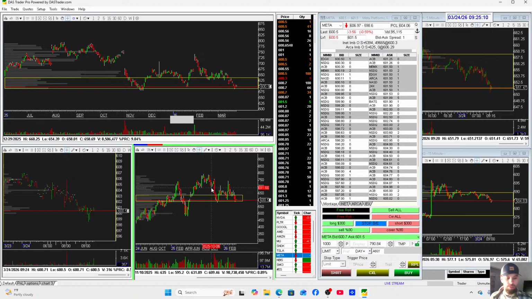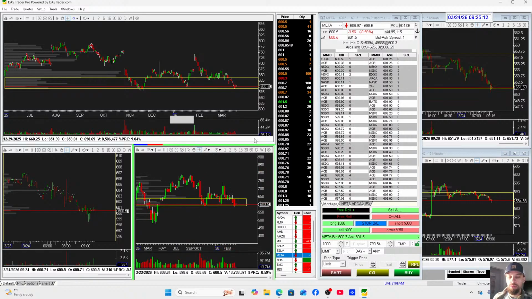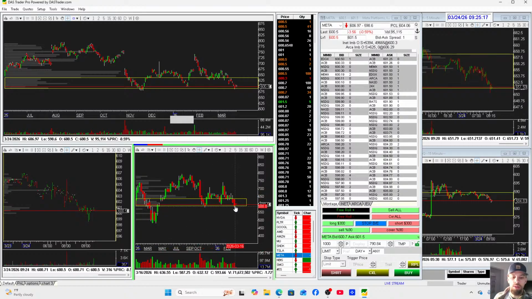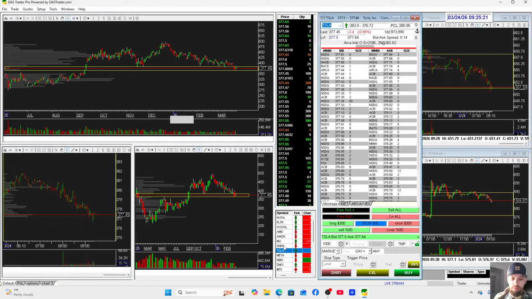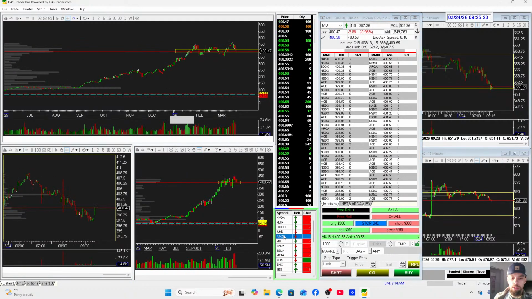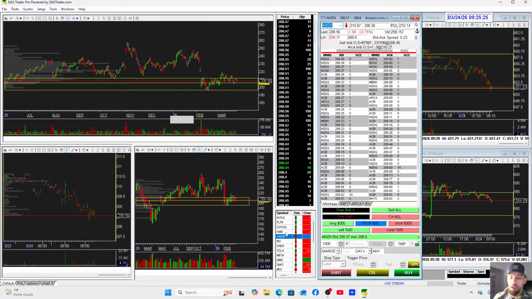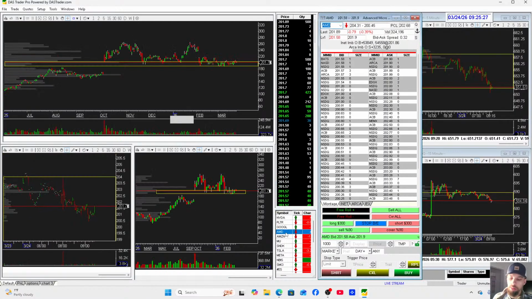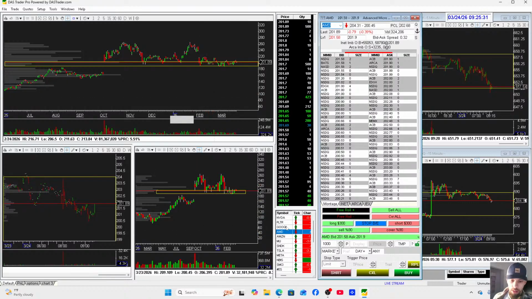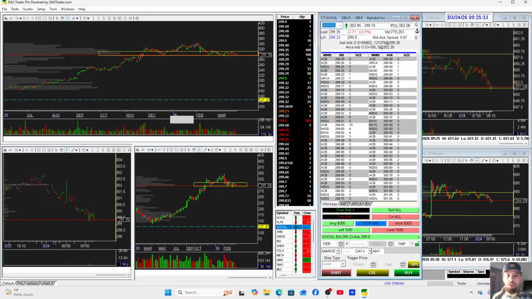Meta has no volume, but it's interesting to me for a potential trade. SanDisk is, Amazon is, AMD, Google, we're gonna put Google on there. I like Google.